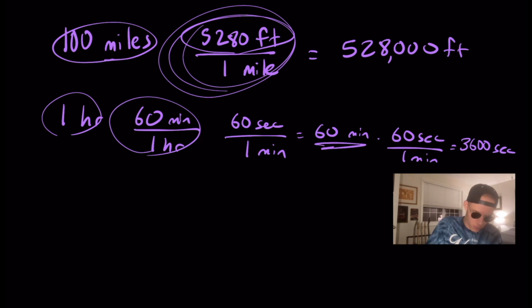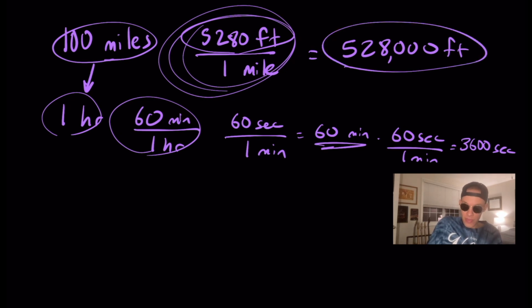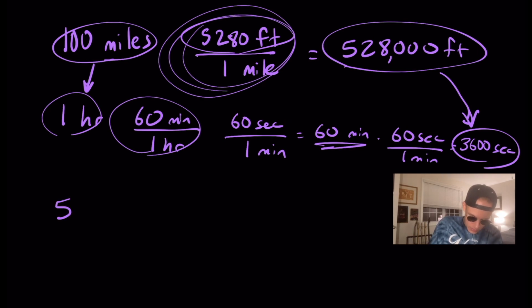So now that we've converted each of those two units, we can write this ratio in those two new units. Before it was 100 miles per 1 hour, 100 miles per hour. And now I've got 528,000 feet per 3,600 seconds, or 528,000 feet for every 3,600 seconds. So I will write that as a ratio.